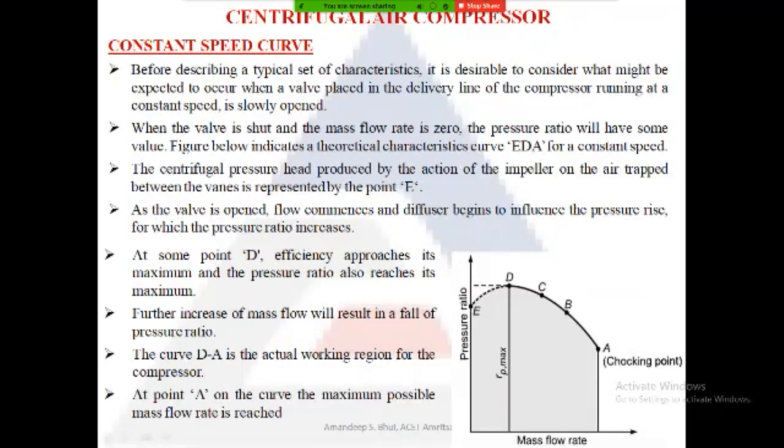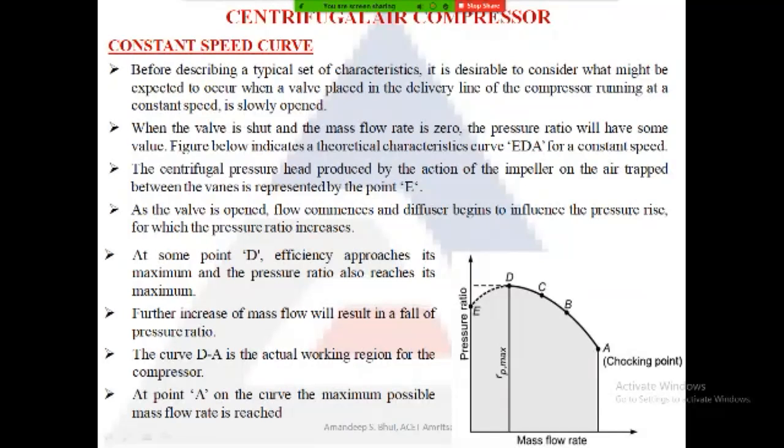As I open the delivery valve, I reach point C, point B, and then point A. As the mass flow rate increases, the pressure ratio decreases. At point A, the maximum possible mass flow rate is achieved.